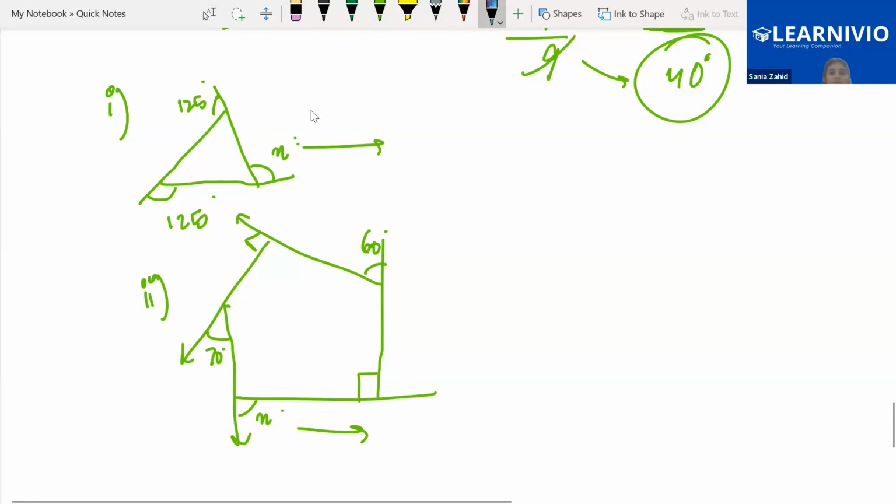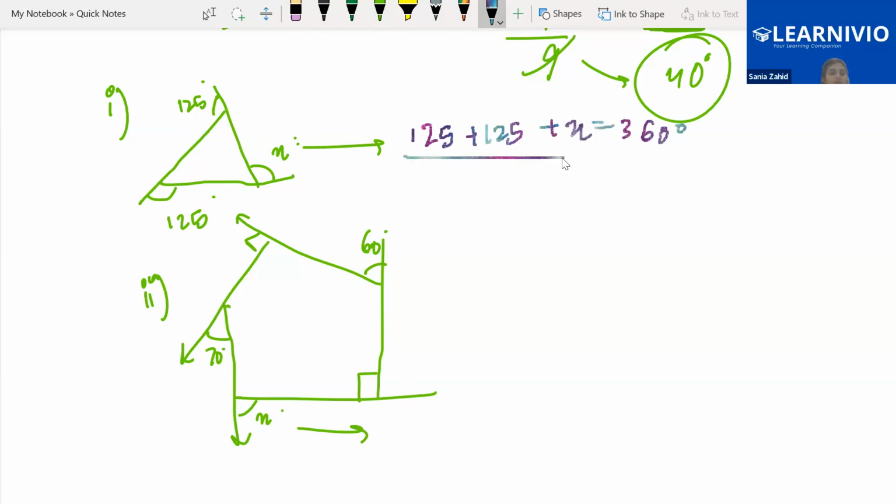I taught you one property which says that the sum of the external angles is basically equal to 360 degree. Okay, so what are all the external angles over here? You have 125 plus 125 plus x. It shall give you 360 degree, right? Just add 125 and 125. You will get 250 plus x. It will give you 360.